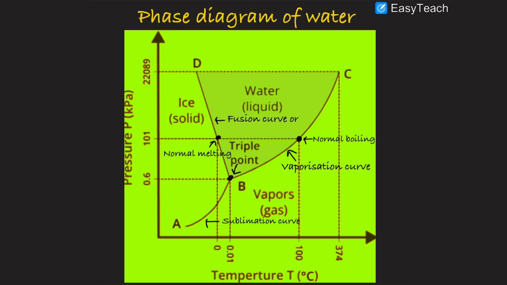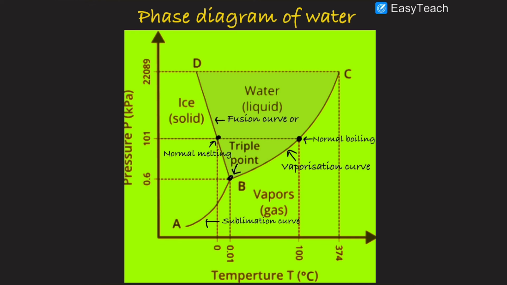And the same thing is for this curve, that at all the pressures and temperatures on this curve, water would be coexisting in the form of liquid and vapor. And similarly, at all the points on this curve, water would be coexisting in the form of solid and vapor.